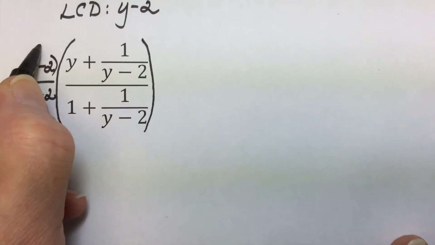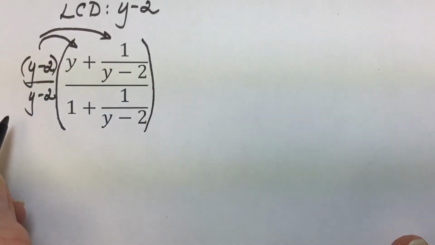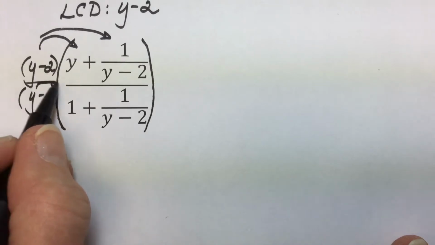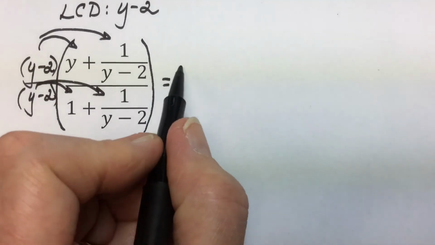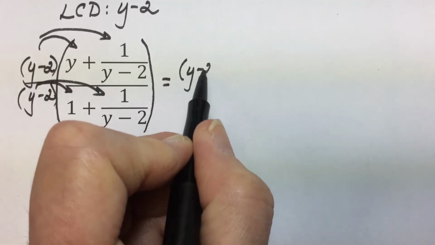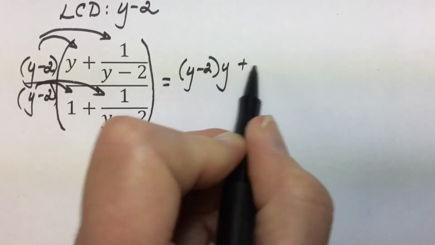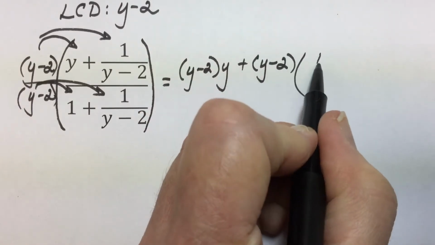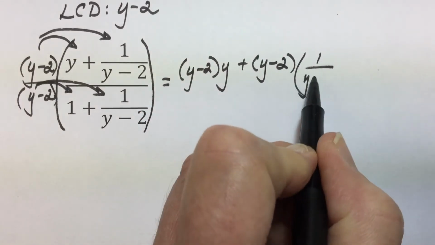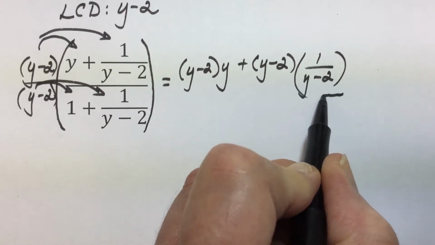This involves distributive property in the numerator and again distributive property in the denominator, which will result in y minus 2 times y plus y minus 2 times the rational number 1 over y minus 2.